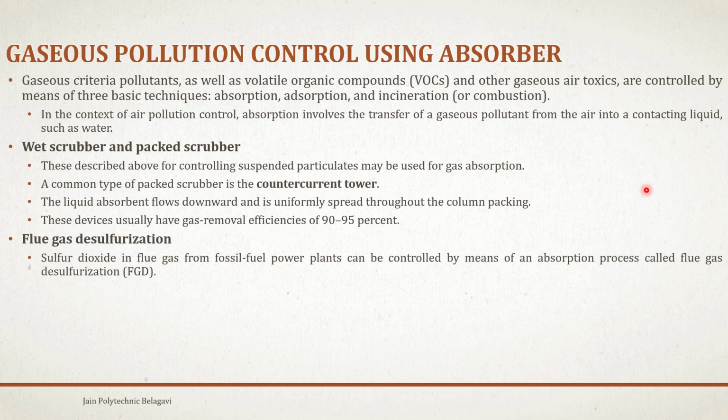We reduce it using this instrument. The sulfur dioxide in the flue gas from fossil fuel power plants can be controlled by means of an absorption process called flue gas desulfurization. Flue gas desulfurization systems may involve wet scrubbing or dry scrubbing. Among these two, anyone they will be using for the technique.